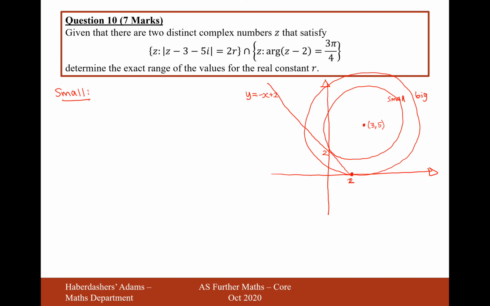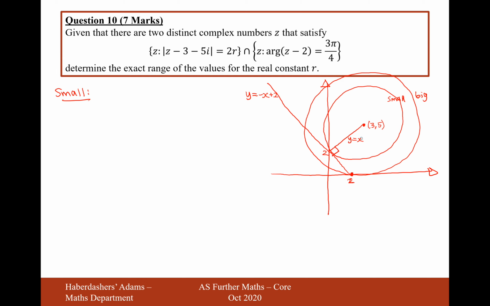If it's the smallest value of r, then this line y equals minus x plus 2 is going to be a tangent to this circle here. And if it's a tangent, then the gradients will meet at a right angle. So this line here is going to be the equation y equals x plus something, because it's going to have a perpendicular gradient to minus x.